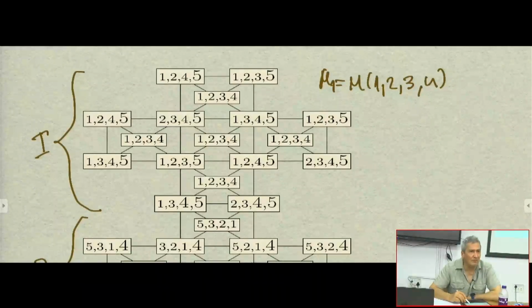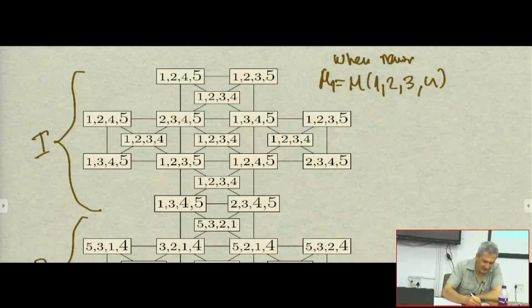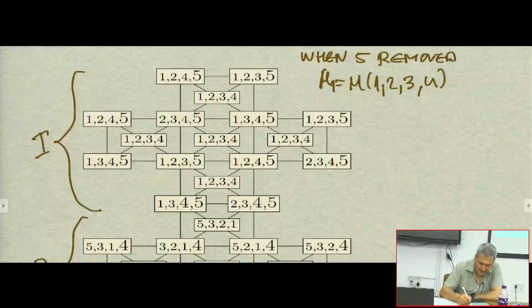When we remove color 5, we get M1. You see, we remove color 5. Color 5 appears only on the outer vertices, not inside. Not here, not here, not here, and so on. Okay?